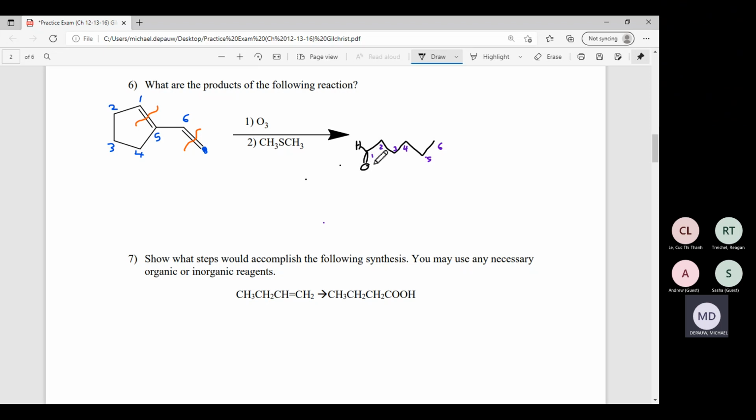It's just going to be a double bond O. Now 2 doesn't have anything, 3 doesn't have anything, 4 doesn't have anything, but 5 does. 5 has a double bond, so I'm going to draw another double bond O on 5. And then I look at 6. Well, 6 also has a double bond, so I'm going to put a double bond O on 6 as well. And there is a hydrogen also on there that was on there before.